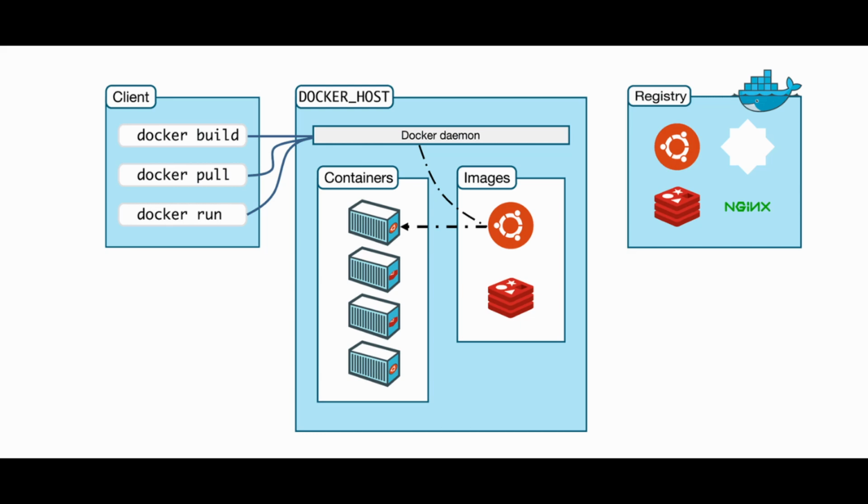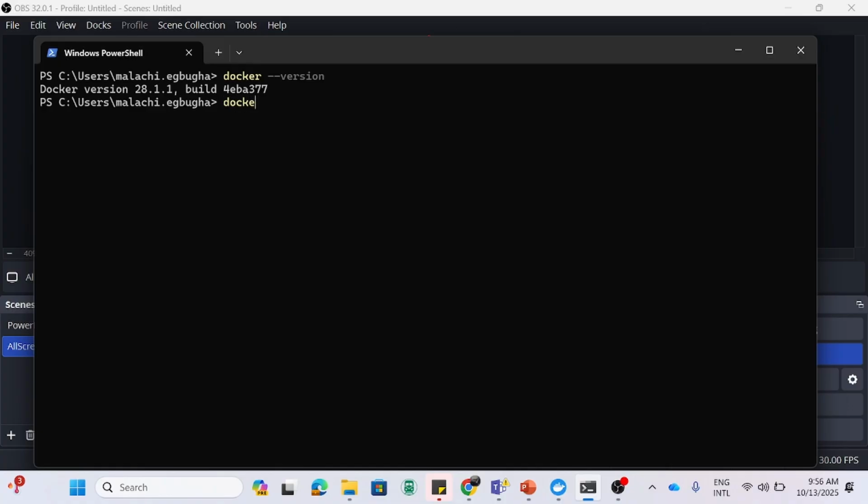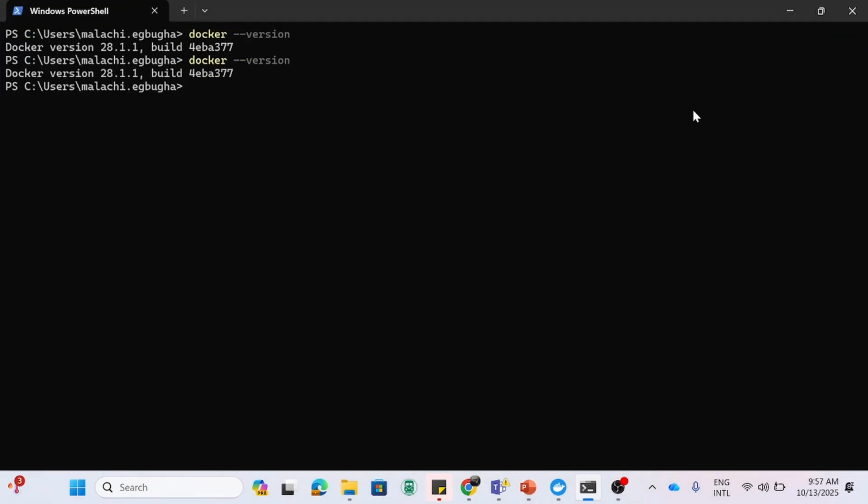Just to lay more emphasis on the Docker daemon and Docker client, I will take us somewhere. I have Docker installed on my machine currently. If I do docker --version, this will show me the version of Docker installed on my machine. So I'm able to interact with Docker via a command line tool. This command line tool serves as the Docker client where I can interact with my Docker daemon.